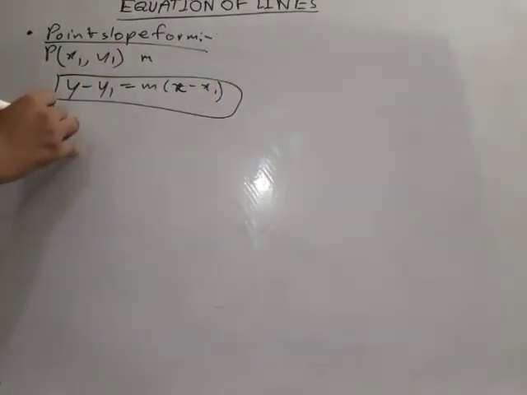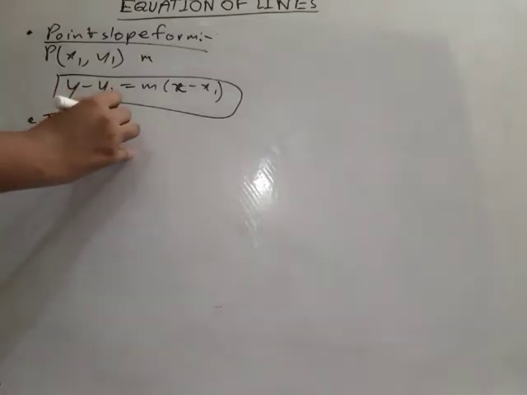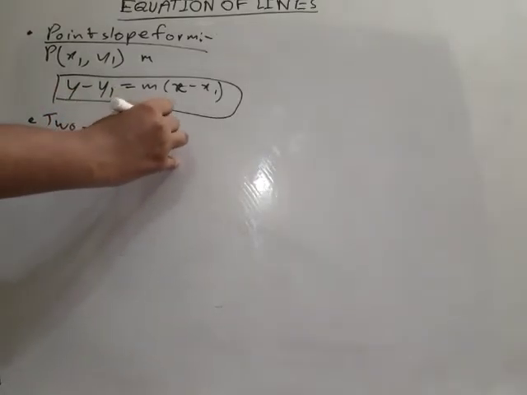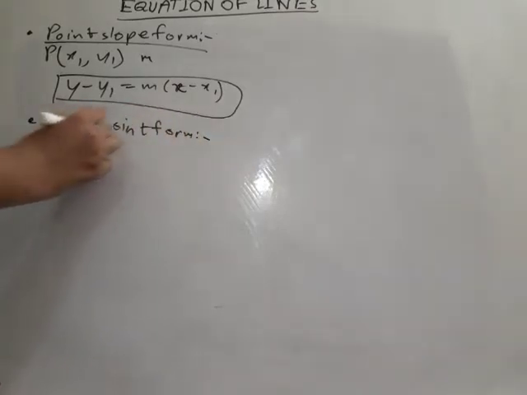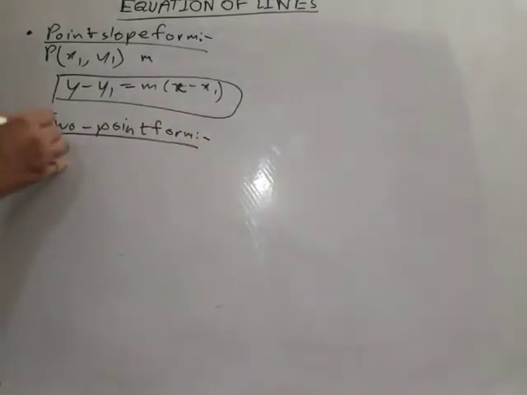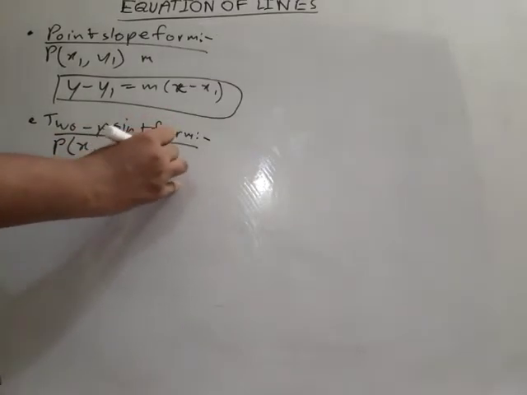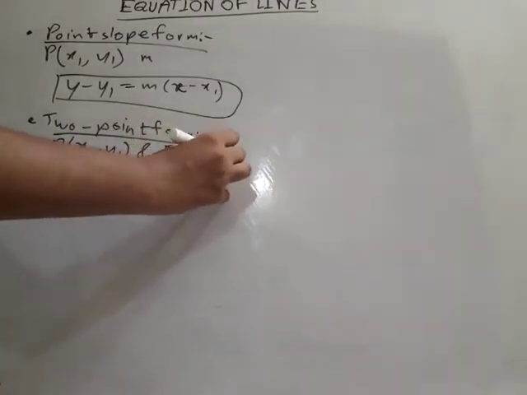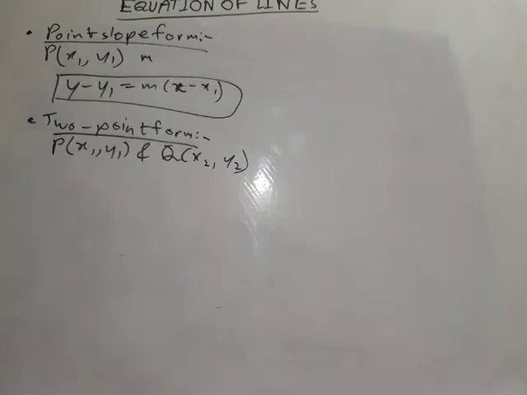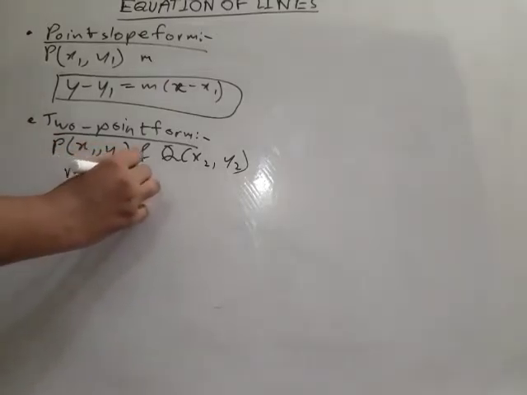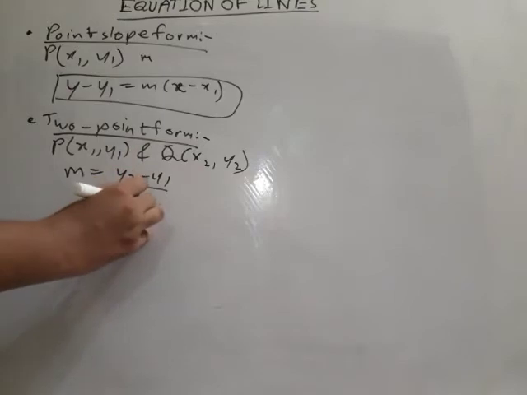And now the 2-point form. What is 2-point form? Let a line pass through 2 points P (x1, y1) and Q (x2, y2). From our previous video, we have seen that the slope of a line passing through 2 points (x1, y1) and (x2, y2) is given by slope m equal to y2 minus y1 by x2 minus x1.